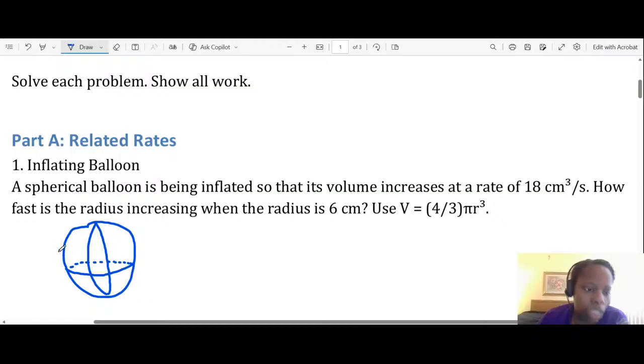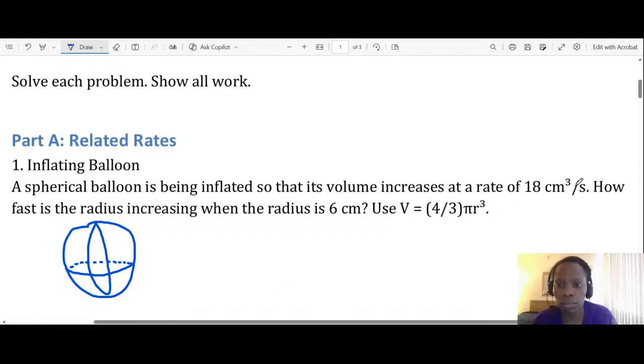How's that? That look okay? Okay. So we have the volume, and it's increasing as it's getting inflated. And we're going to just assume that it's a perfect spherical shape even as it's inflating. It's just getting bigger, bigger, and bigger.